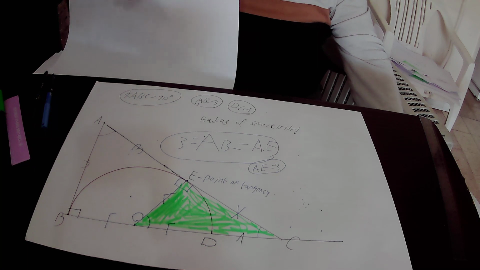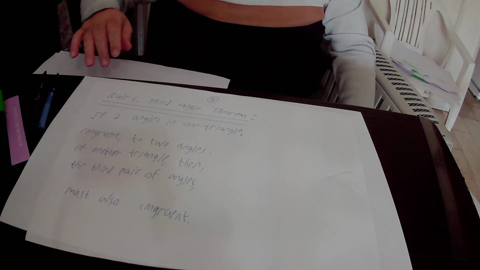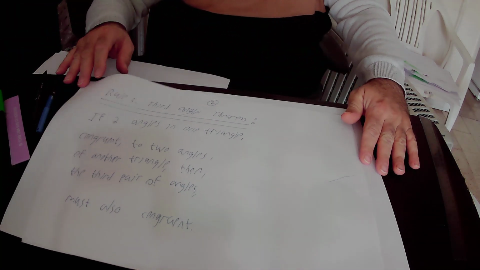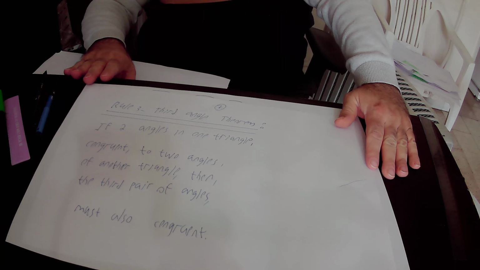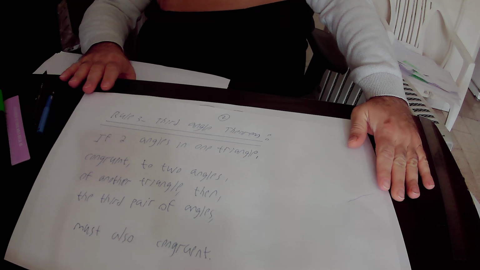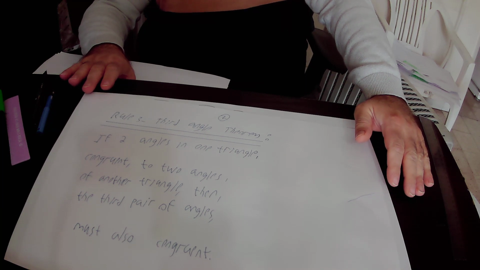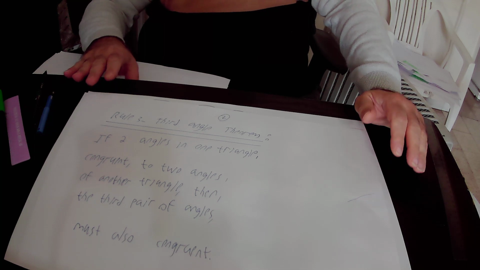So what is the third angle theorem? The third angle theorem, or rule number 3, is that if two angles in one triangle are congruent to two angles of another triangle, then the third pair of angles must also be congruent.